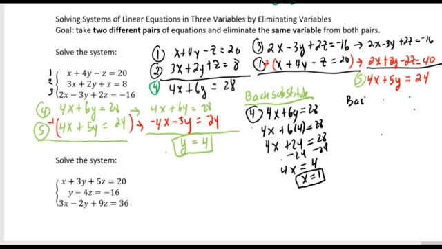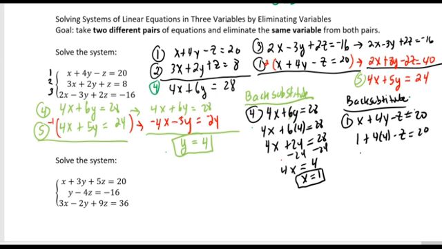And then the last step is to back substitute both of these answers into equation 1, 2, or 3. I'm going to go ahead and use equation 1. So x is 1, y is 4, and z is what we're going to solve for.